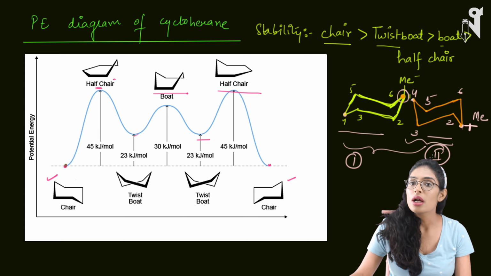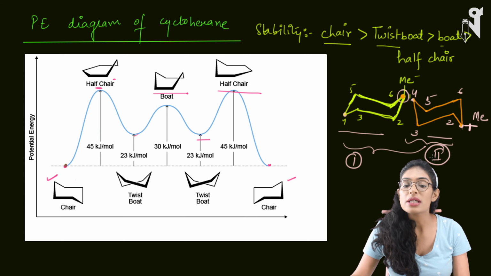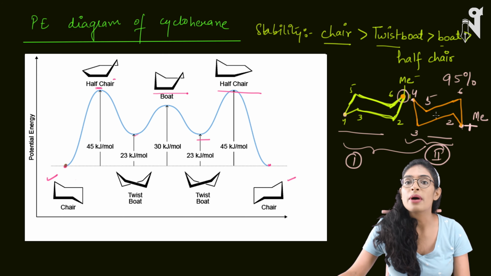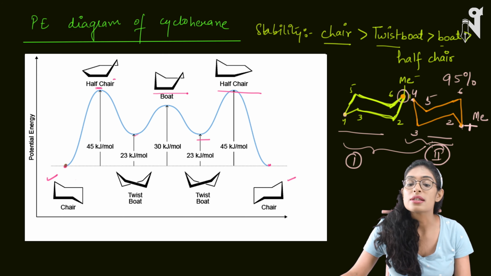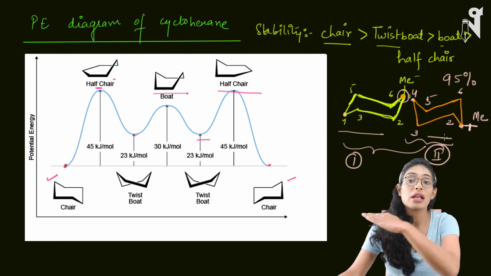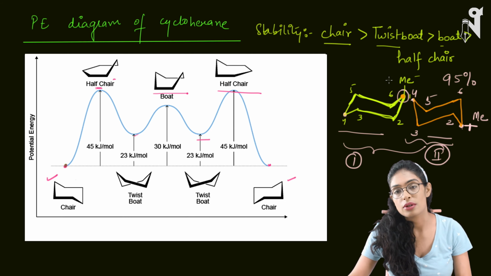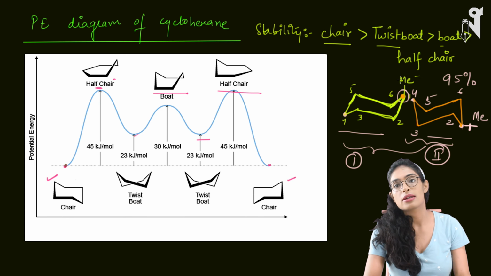Though both are chairs and both are pretty stable, you will find that 95% of methylcyclohexane is in the second form. That means the methyl is on the equatorial position rather than the axial position. Why is it so? Let's understand.